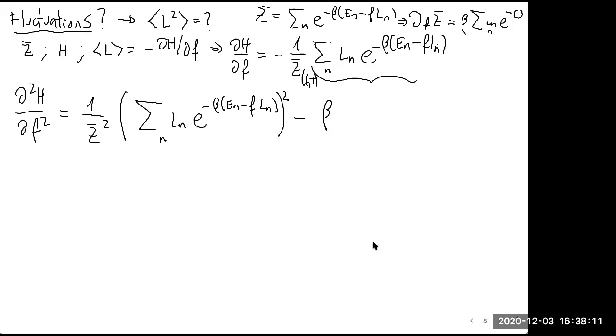Sorry, I forgot beta here, because beta comes out once only in the derivative of z with respect to f. There's another beta here, and what enters is the sum over n of ln squared e to the minus beta (en minus f ln). That's it. So all in all, a beta comes out, minus beta, and the rest, I get this one.